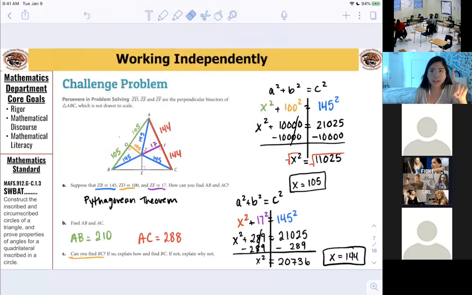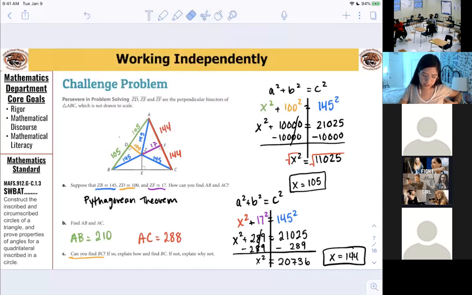You need at least two values. Here we had one leg and the hypotenuse for both examples. You could also figure it out if you had both legs but were missing the hypotenuse. In any case, you need 2 out of the 3 measures in order to find the one left.